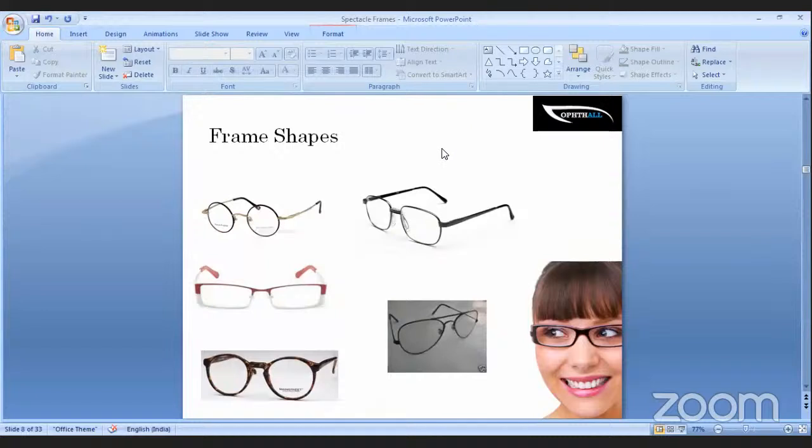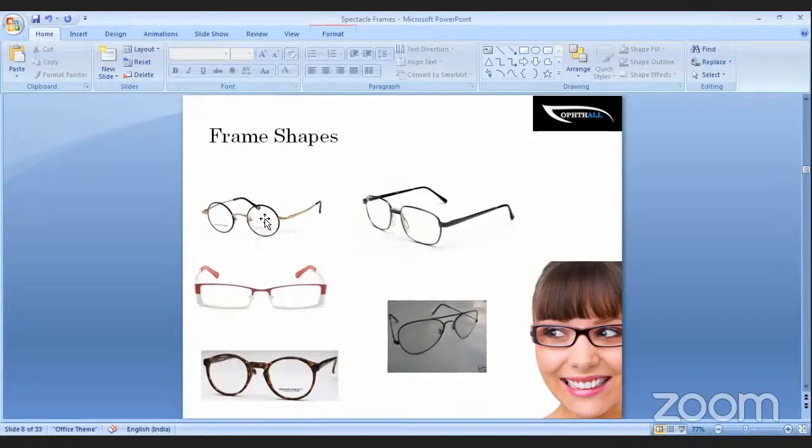Now you need to understand that each shape is not suitable for every kind of prescription. For example, this narrow shape is usually not recommended for bifocal lenses, and these aviator shapes are not usually recommended for presbyopic lenses.